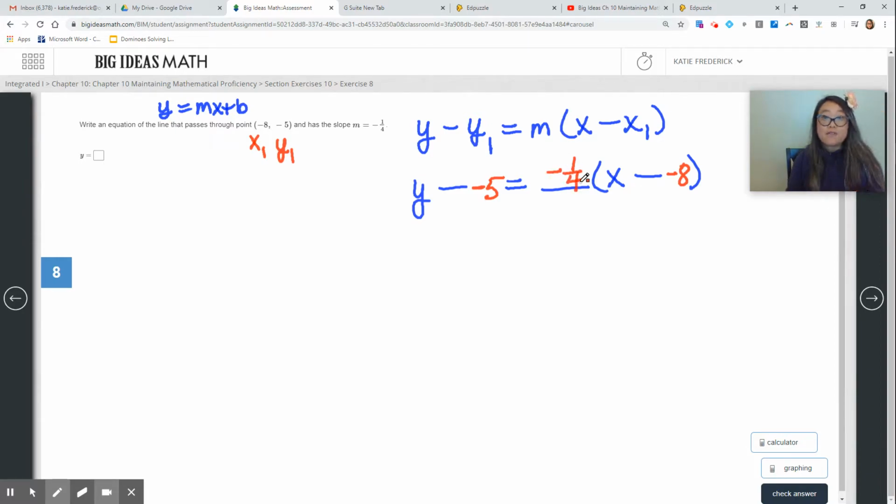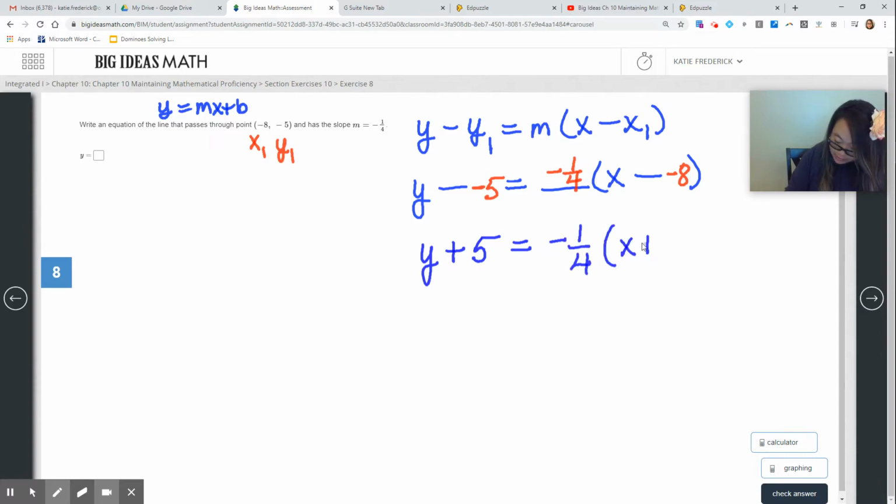Okay, now we're going to solve for slope-intercept form. So the opposite of a negative is a positive, or a negative times a negative is a positive. Before I start distributing the right side, I want to make sure I take care of the sign.